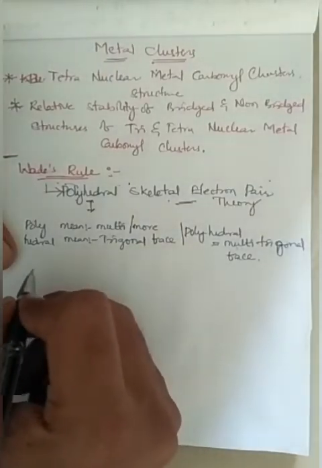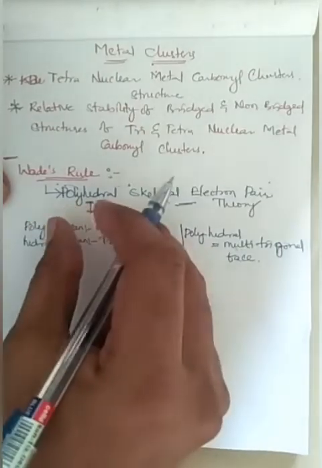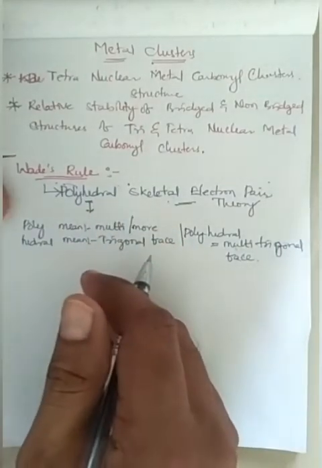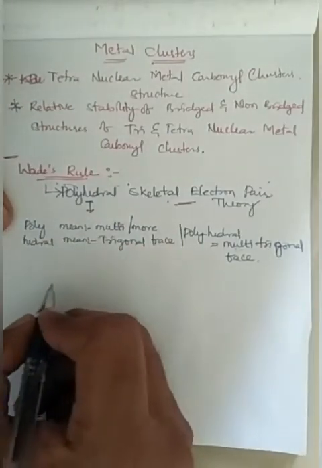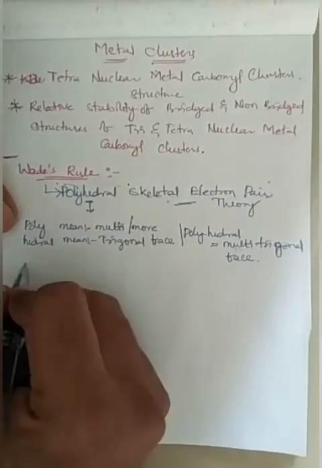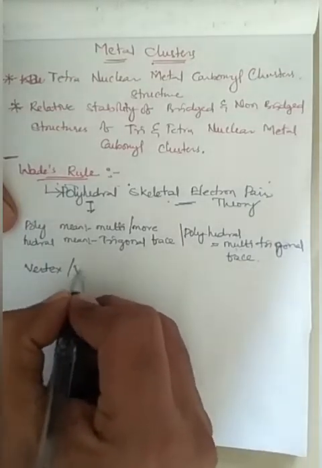And so we have to see how the polyhedrons will exist. To know the polyhedron structures, we have to know another term, that is vertex or vertices.